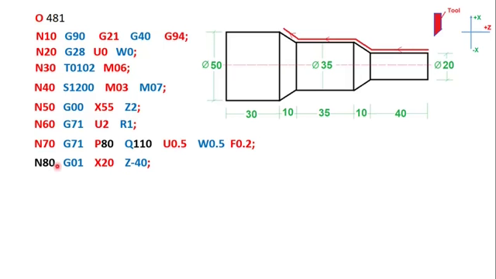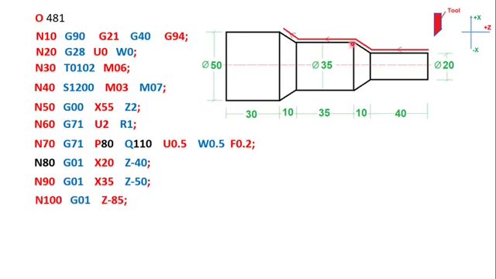Now here you can see an 80. Whatever the block number is, it should be mentioned here, because that is the start of this contour. Along this we are defining all the coordinates. Next, from here it will move to here. What is that? X35, Z40 plus 10 minus 50.